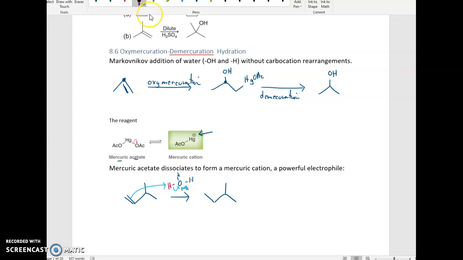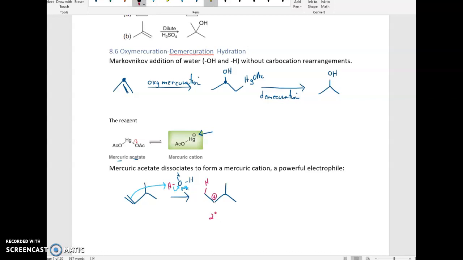Our hydrogen that we added goes at the less substituted position, because this is going to be Markovnikov's, right? And we produced a carbocation at the more substituted position. This is a secondary. This will rearrange.